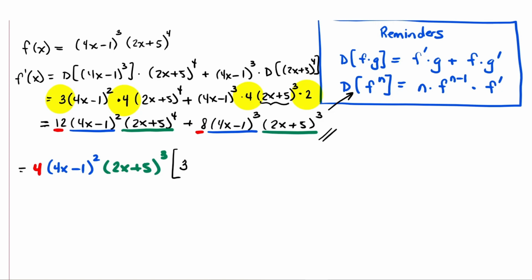And we're factoring out (2x plus 5) to the third from (2x plus 5) to the fourth, which is going to leave us with 2x plus 5. And then plus, now we're factoring a 4 from the 8, which leaves us with 2. We're factoring out 2 factors of 4x minus 1, which leaves us with 1 behind, because that was a third. And then all 3 factors of 2x plus 5. So that's done.